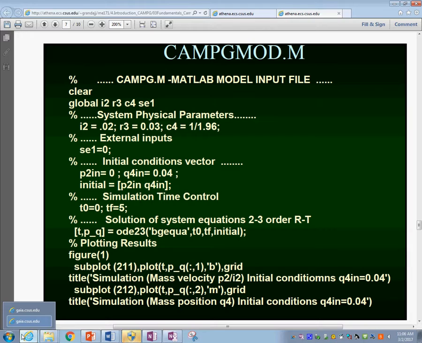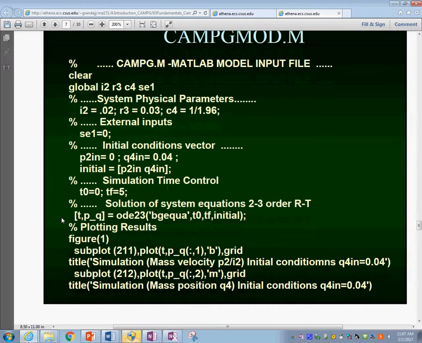In the example that we saw a moment ago, here you have a description of the physical parameters, what the inputs are, the initial conditions, the time control, the solutions of the equations, and of course doing some plots. So that's, in a nutshell, how it goes from beginning to end, producing and setting up computer models.